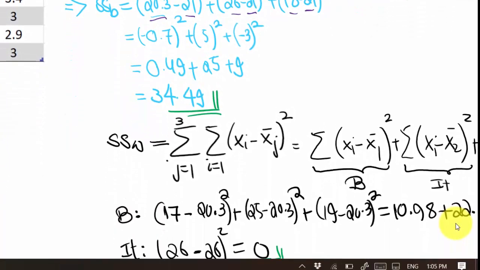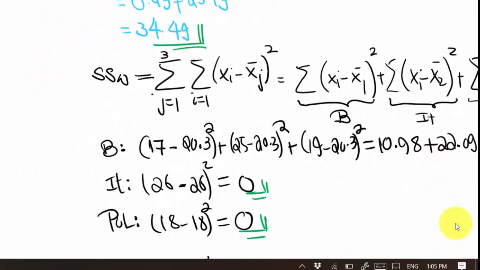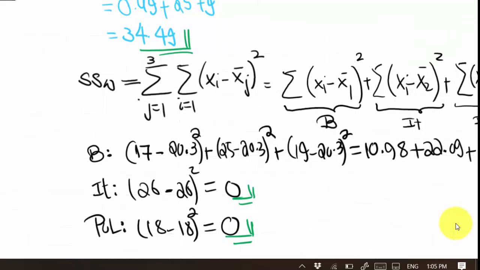Now for the sum of squares within, it's a little bit complicated because I have double sums here. The first sum is for groups, for the 3 categories: first, second and third category. The second sum is for the individuals within each group. This one takes values from 1 to nj. Nj means the number of students in the first group, the second group, and the third group.